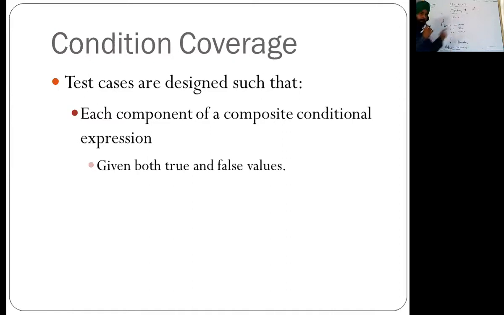So for condition coverage, first you put 1 and see whether Monday is displayed. Then you put 2 and see whether Tuesday is displayed. Then 3, 4, 5, 6, 7, and also for the default case you put 8, 9, -2, -5. So you check all the cases. This type of testing is known as condition coverage. You have to cover all the conditions, all the cases. Next.